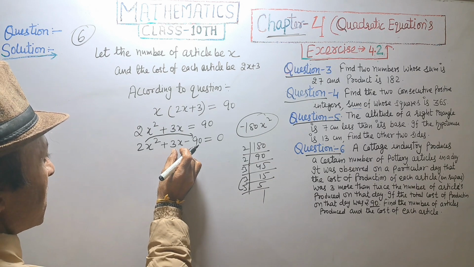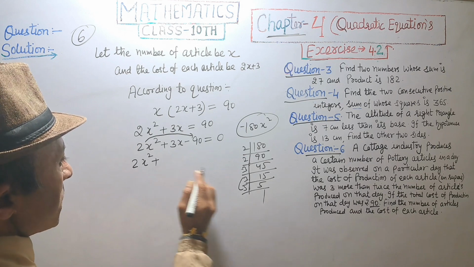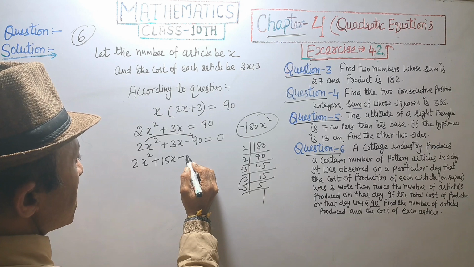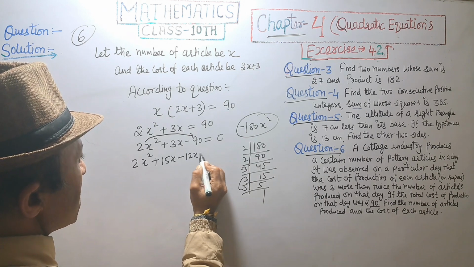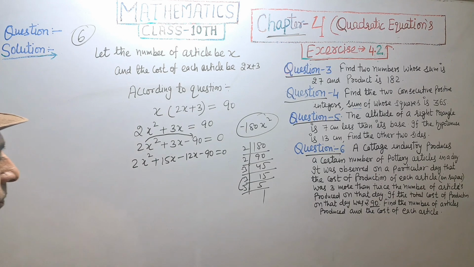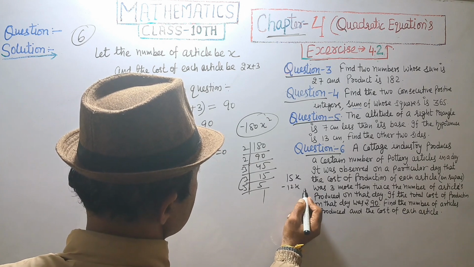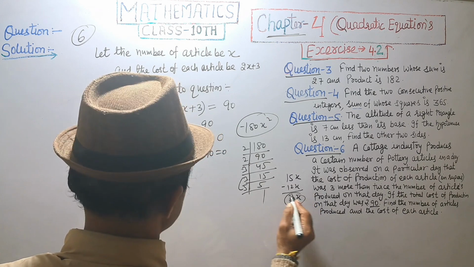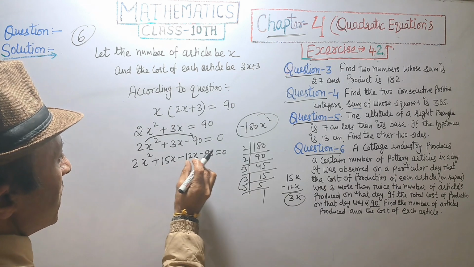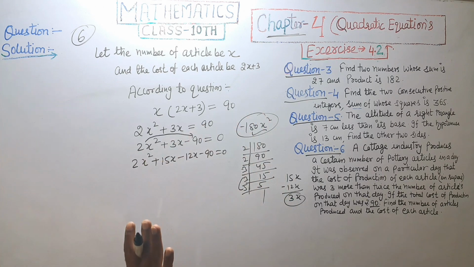But we are splitting 3x: 2x square plus 15x minus 12x minus 90 is equal to 0. 15x minus 12x, that is equal to positive 3x, and 15x multiplied by 12x, that is equal to minus 180x square.